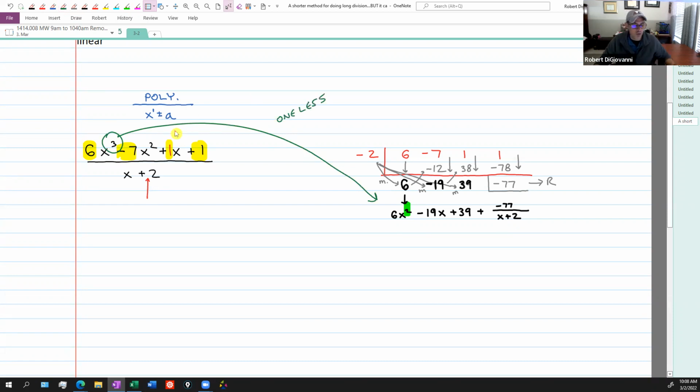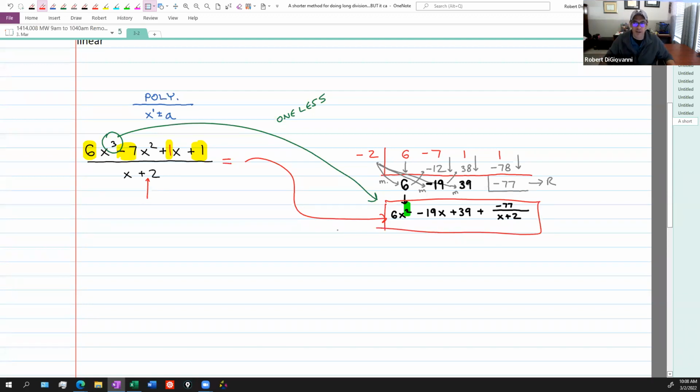The numerator had an x cubed, so this first number will be 6x squared. If this was x to the 5th, this would be 6x to the 4th. If this was x to the 7th, this would be 6x to the 6th. The rest of them just keep going down; the powers keep going down. So the answer to this question is this line right here.